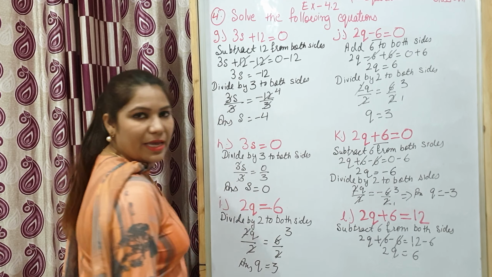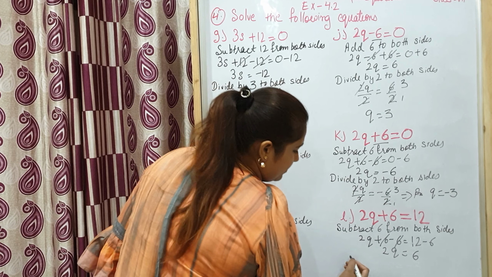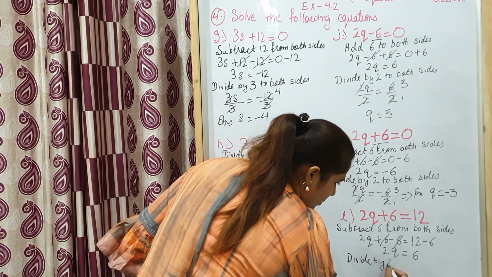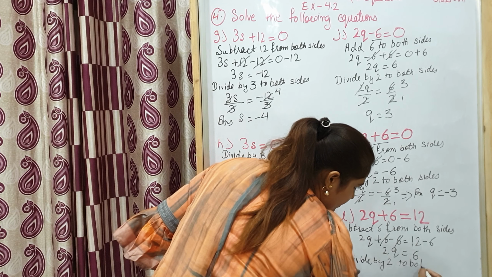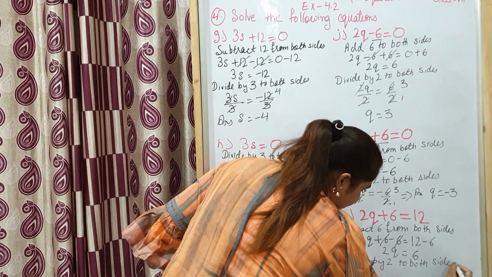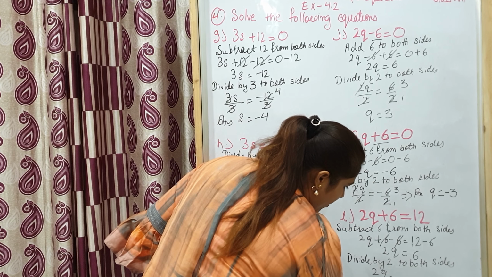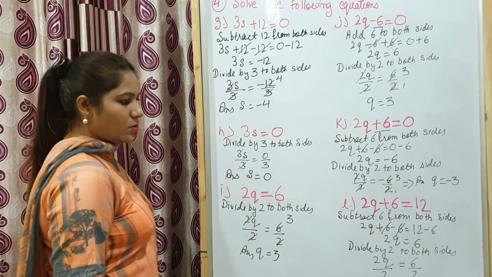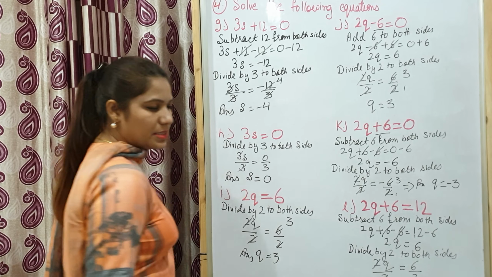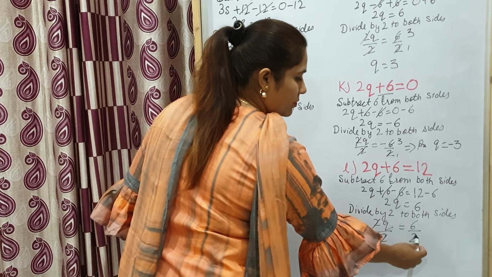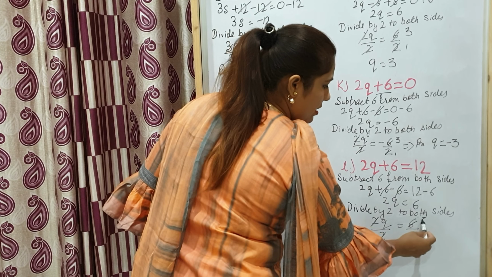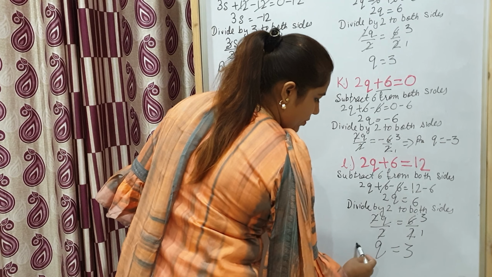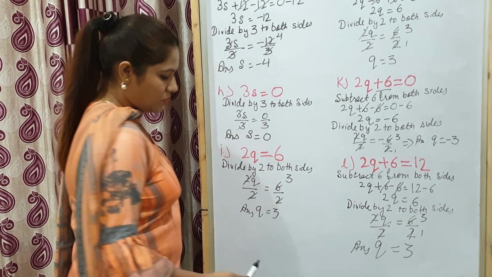Now 2 and q multiplying each other, we will do division. Divide by 2 to both sides. 2q upon 2, 6 upon 2. So 2 and 2 cancel out. 2 ones are 2 and 2 threes are 6. So the value of q is 3. This is your student L part.